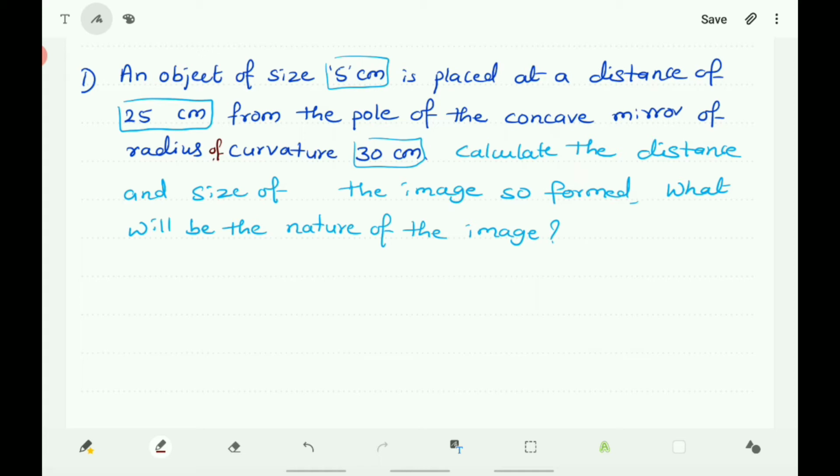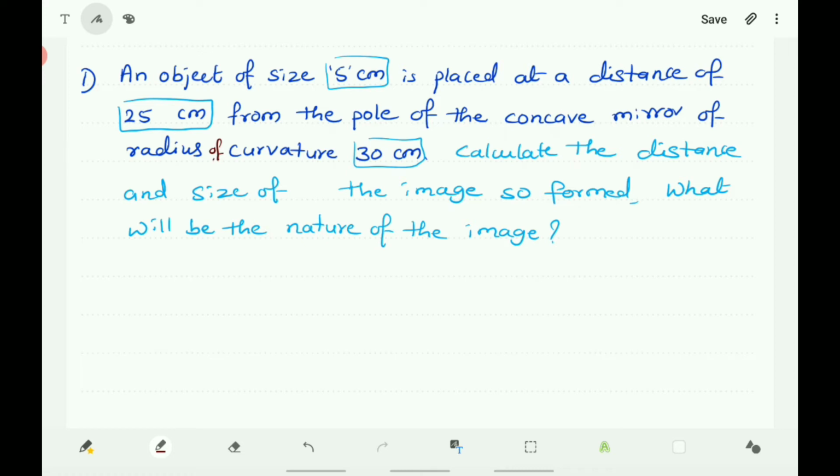Here, an object of size 5 cm means the size of the object h is given, and it is placed at a distance of 25 cm means the object distance u is given, and the radius of curvature r is given. We have to find the distance of the image v, and the size of the image h dash. And next we have to discuss the nature of the image.